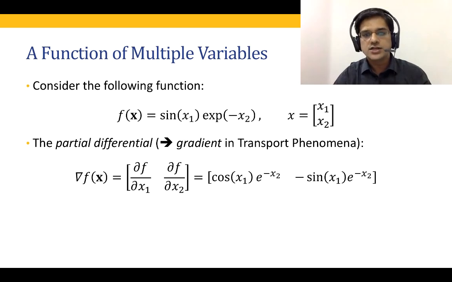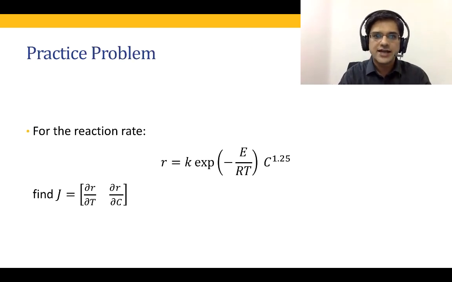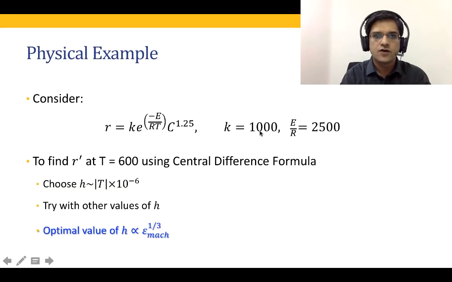Okay, now let us move on to, so we'll take the same example for rate of reaction, where k as before was 1000, E by R was 2500, and we need to find dou R by dou T and dou R by dou C at T equal to 600 and C equal to 1.